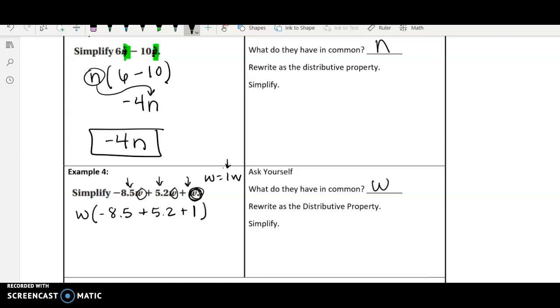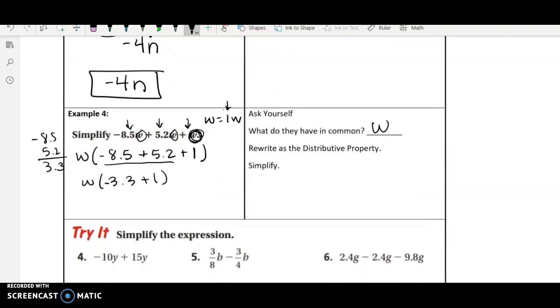And now we're going to add all these together. So these are different signs, so we're going to subtract: -8.5 minus 5.2, and I get 3.3. Plus 1. And this is negative because my bigger number was negative.